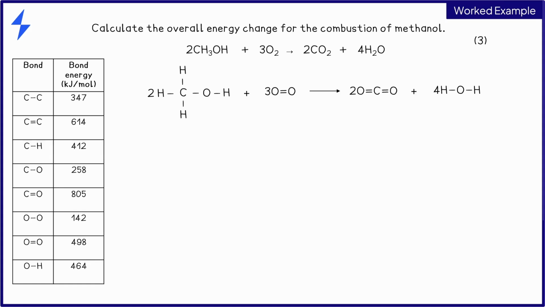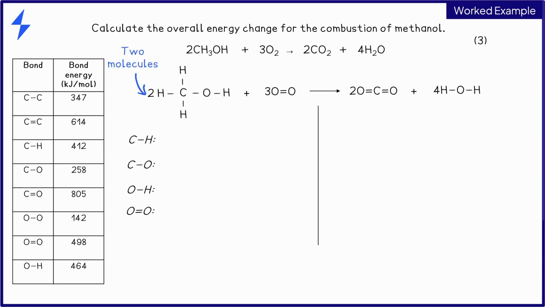More complicated examples will require you to identify multiple types of bond. Follow the same method we did in the previous example and start by dividing up your reactants and your products. Then identify the types of bond present in the reactants. Looking at the reactants, we can see the following bonds. Count the number of each type of bond considering the number of molecules present.